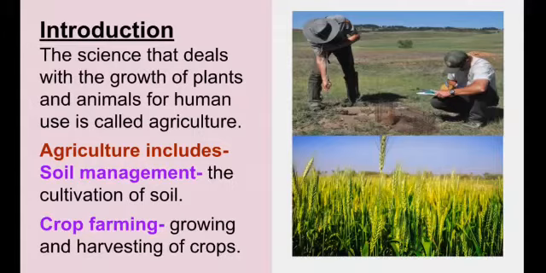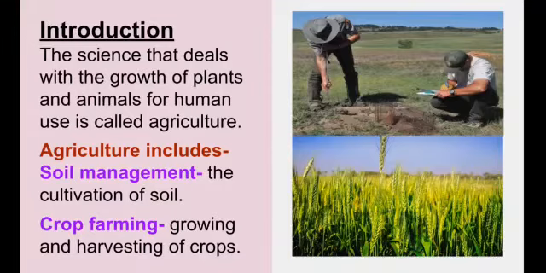The first term that I have been saying again and again is agriculture. So we are going to understand what agriculture means. Cultivating soil for sowing crops and nurturing animals to provide food and other products is known as agriculture, or you can say the science that deals with the growth of plants and animals for human use is called agriculture.